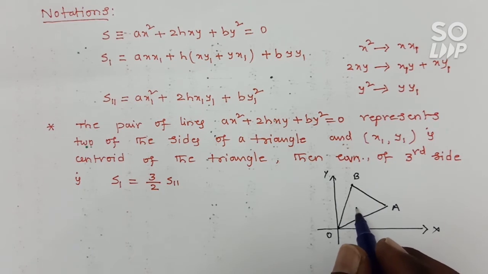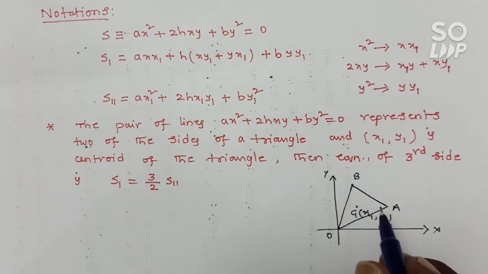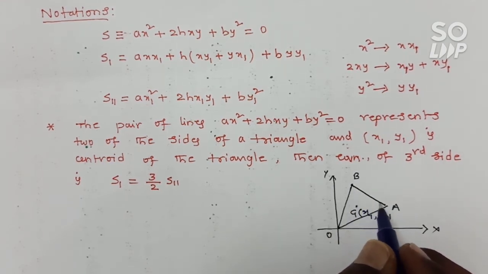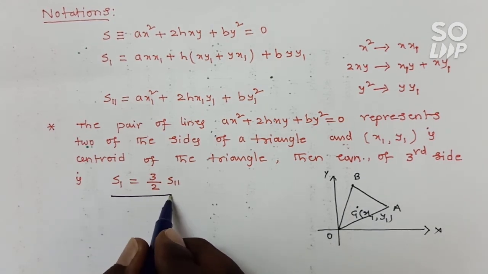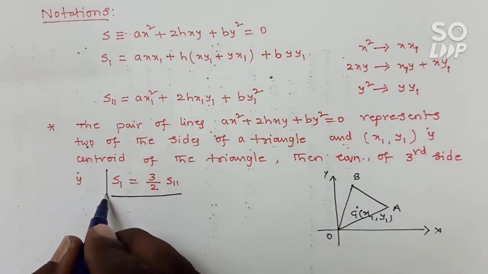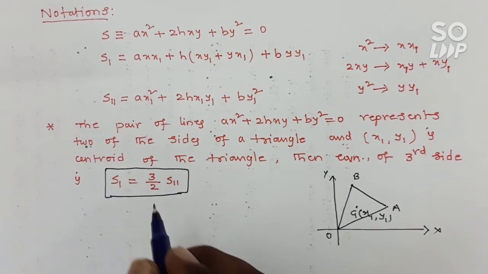Now here the centroid G is given as x1 comma y1, right? Now this third side will be represented by S1 is equal to 3 by 2 into S11.